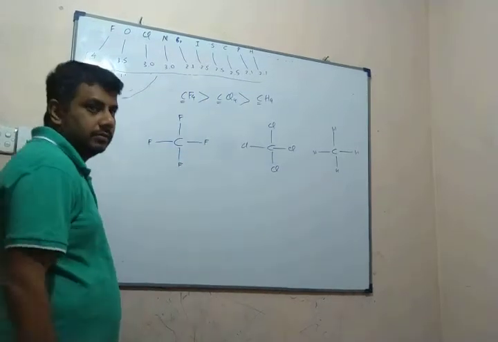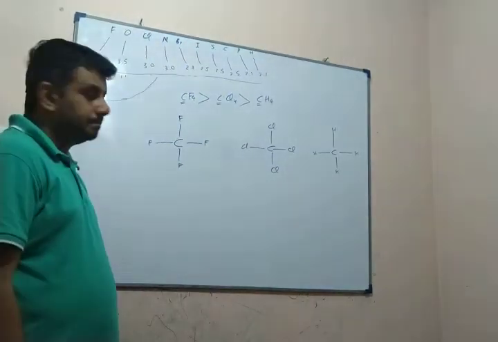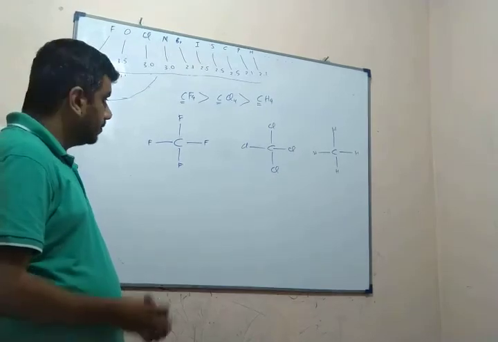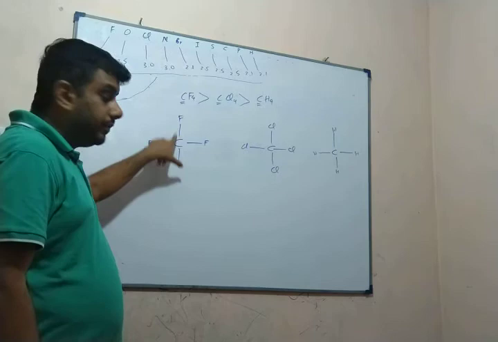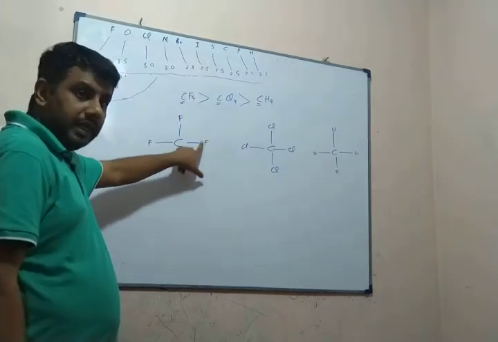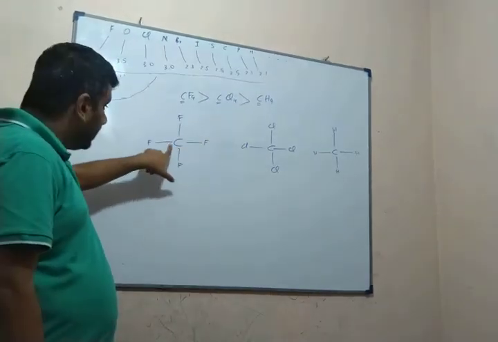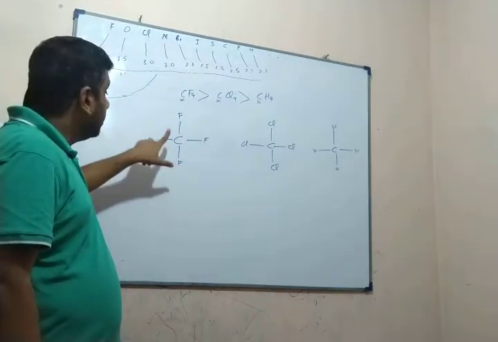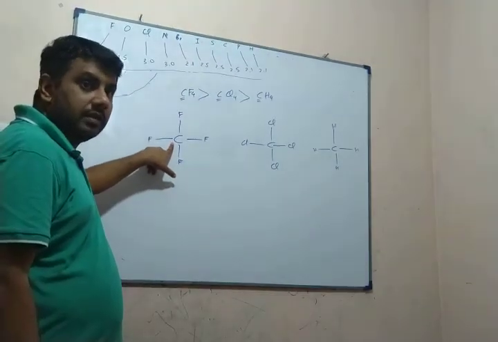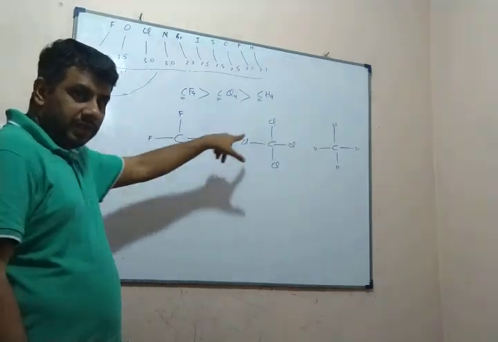This is the order. Why? You should consider the electronegativity of the other atoms, the terminal atoms, because the central atom is the same. And consider other factors. Hybridization type is the same, all sp3 hybridized.